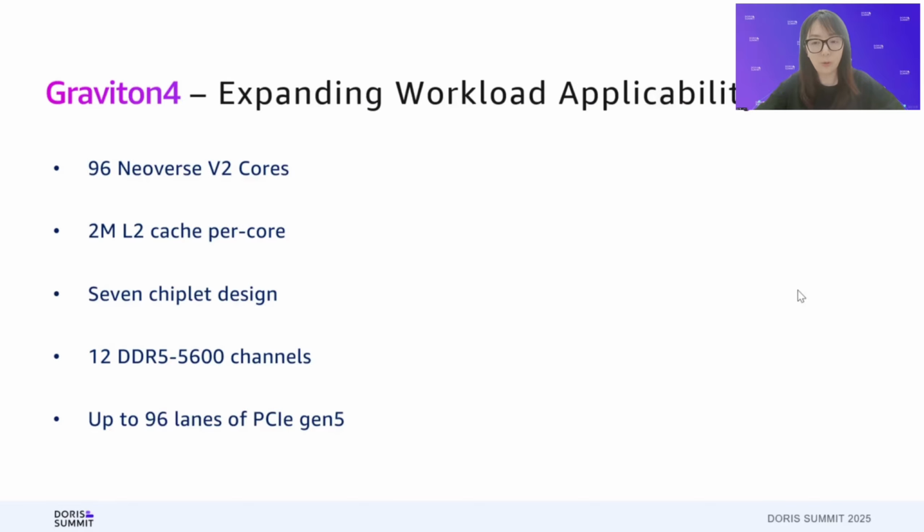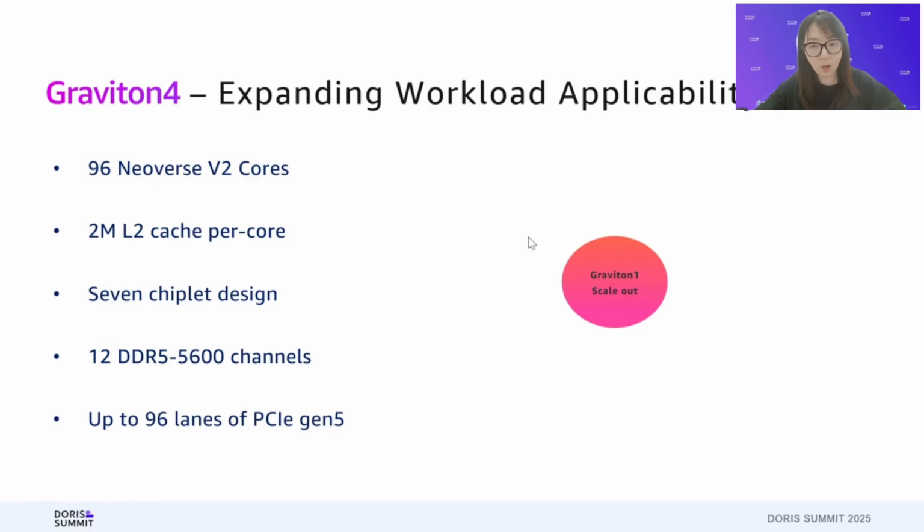That lets you put more of your data and instructions close to the cores and they execute faster. Just like Graviton 3, it's a 7-chiplet design, where we got more cores, more DDR, 12 channels of DDR5 5600. It's the fastest in EC2, and up to 96 lanes of PCIe Gen 5. These specifications translate directly to workload performance benefits.